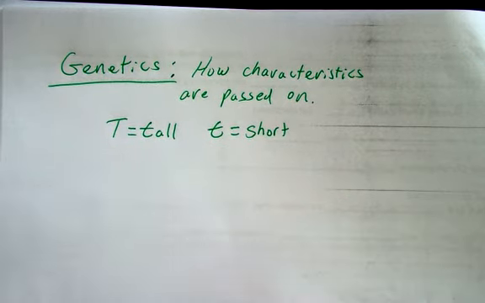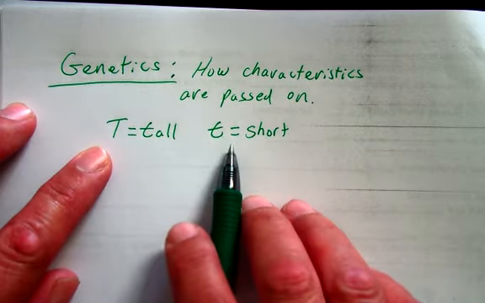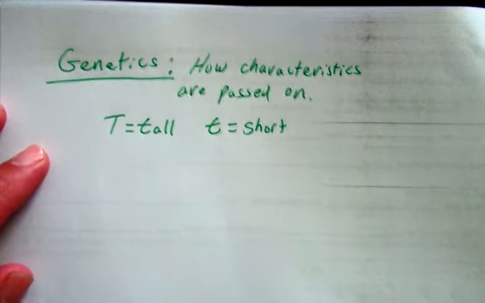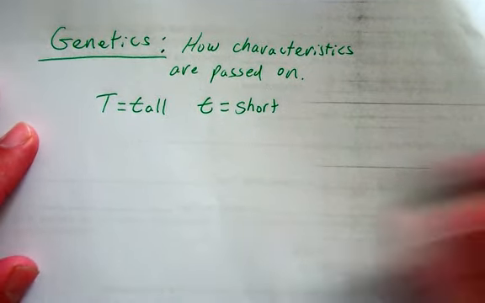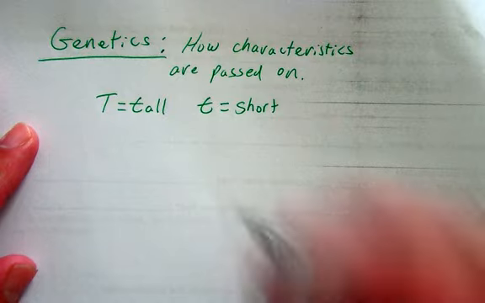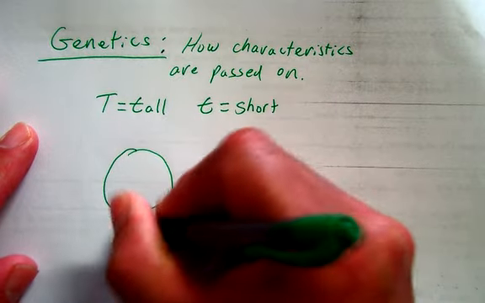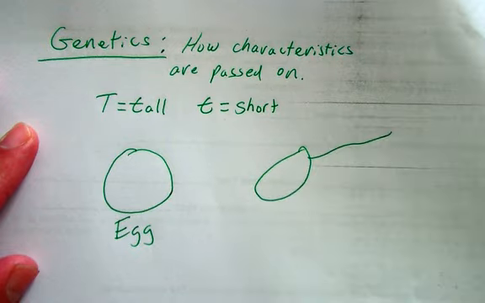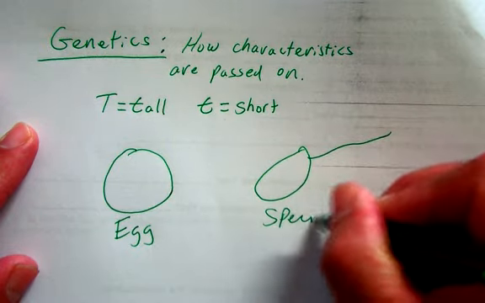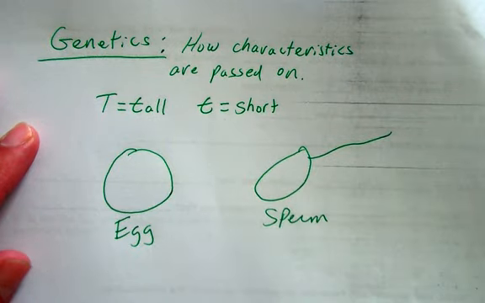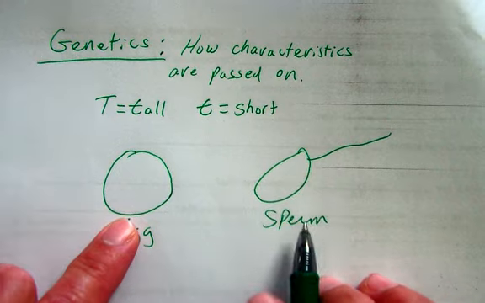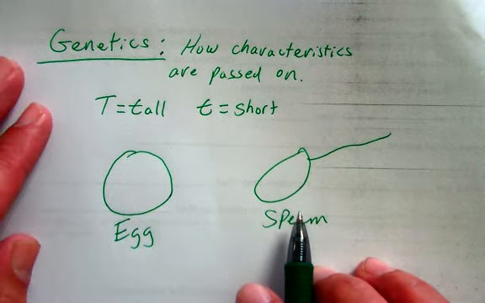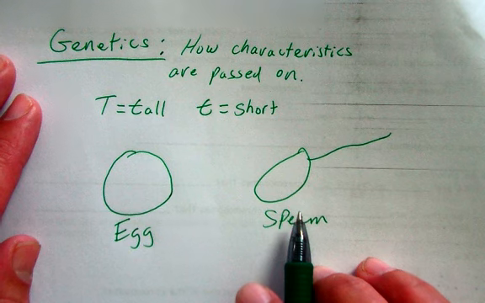They just represent a characteristic or trait. All right? So I want to show you where we're getting these letters from. A minute ago, we talked about meiosis. So we talked about an egg and a sperm. Because egg and sperm are sex cells, they have half of the information of your chromosomes.